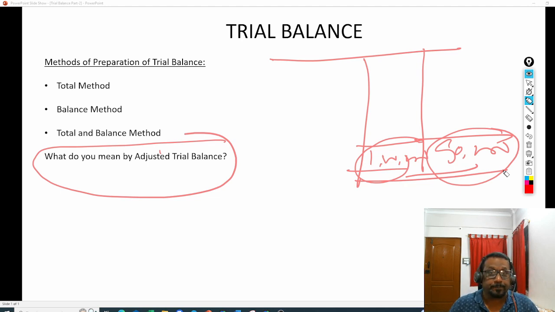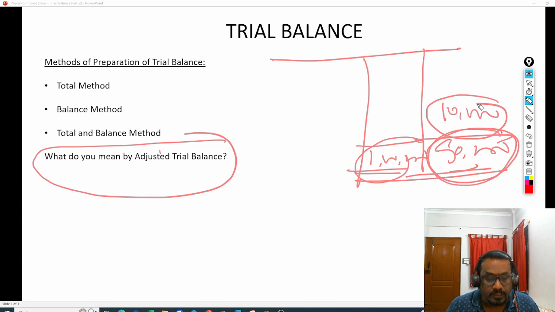But how do we define this trial balance has an arithmetical accuracy? Only when these two totals are tallied. In this case, it is not tallied. Where is the difference? The difference is in credit side. The difference is how much? 10,000. You put 10,000 here and transfer this to suspense account.